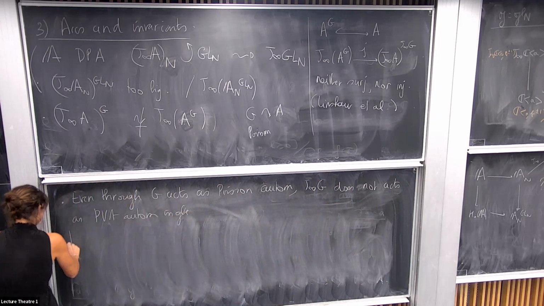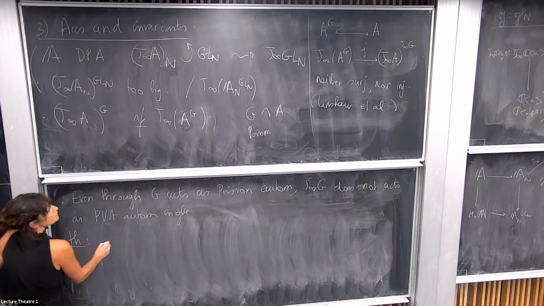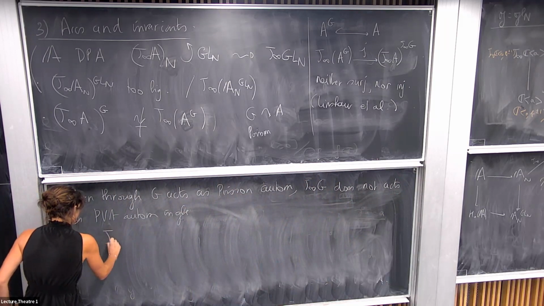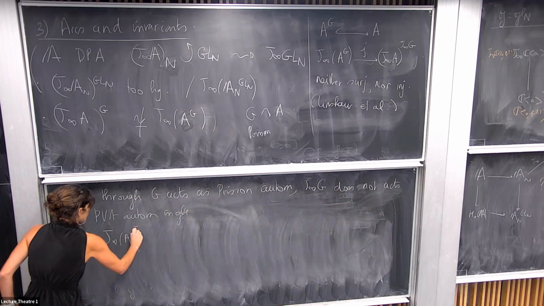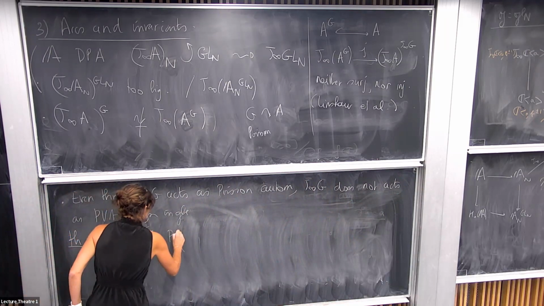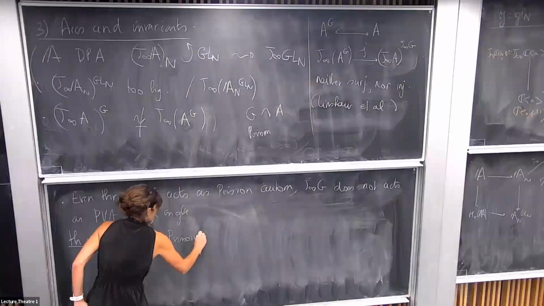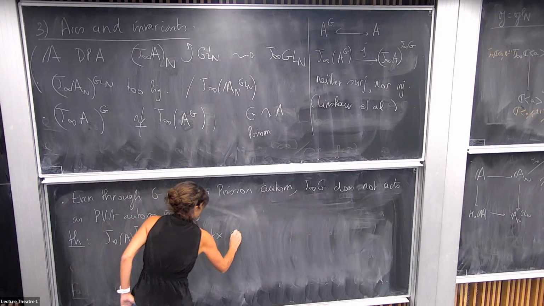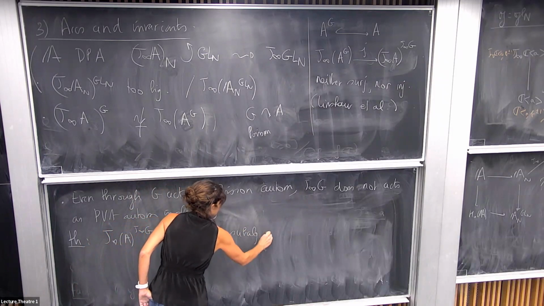But nevertheless, we prove the following result: in this situation, this is still a Poisson vertex subalgebra of the jet.